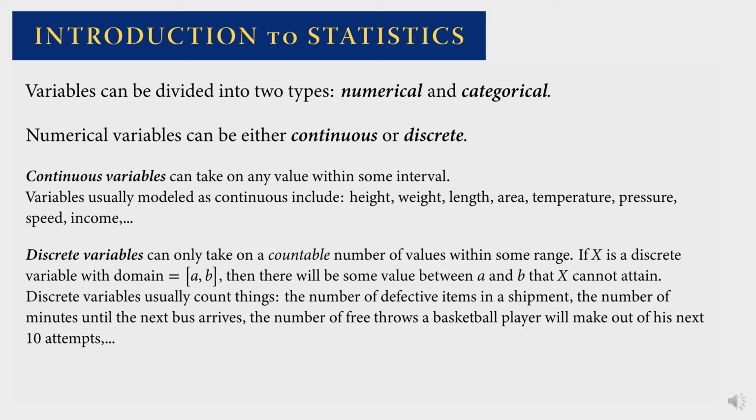For this class, think of a discrete numerical variable as a variable that takes on n possible outcomes, where n is either an integer like 1, 2, 3, 4, 5, etc., or it's infinite. And most of the time, discrete variables are used to count things like in these examples here.